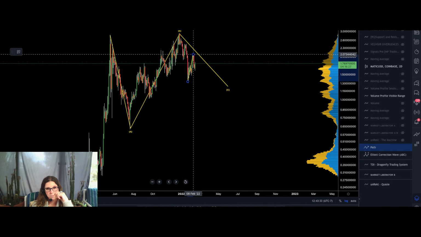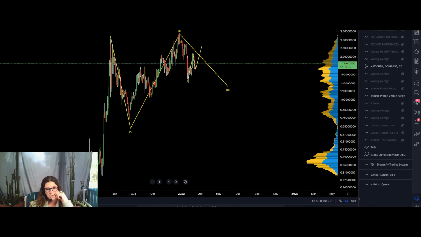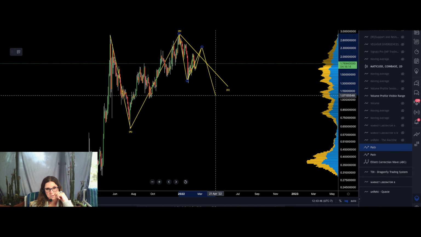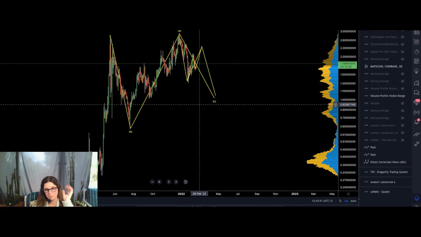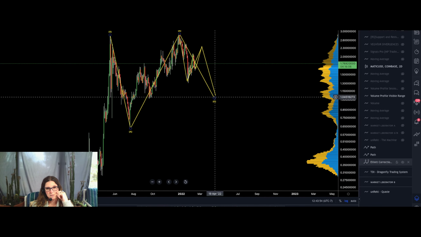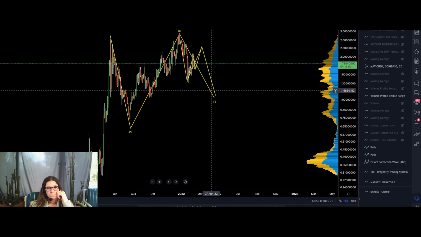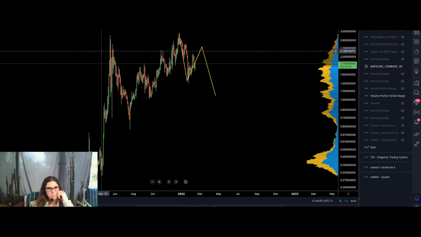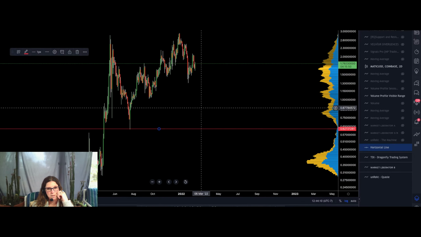The higher this goes, the better. If it can use it as a connector and get higher, it can make this leg a three-wave move like this, and then it would be a Y instead of a C, but it's not that big a deal. You'd make this high or low, and then it would just go blast off another bull run. If it's the leading diagonal, then you absolutely cannot break that low.